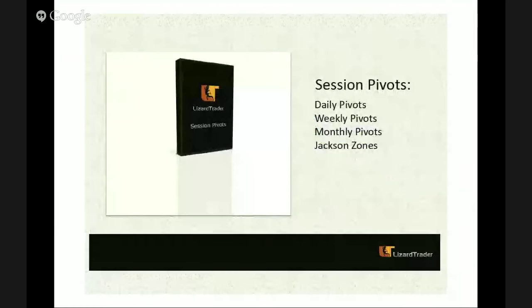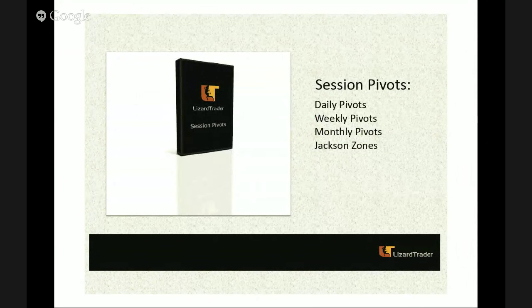With the strategy package that I'm presenting here today, you will get the session pivots, the session pivot package. I've shown the daily pivots here today. You also have weekly and monthly, and you have the Jackson zones, which is a bit more exotic. It's popular among Forex traders, and yeah, this is a really professional indicator package.